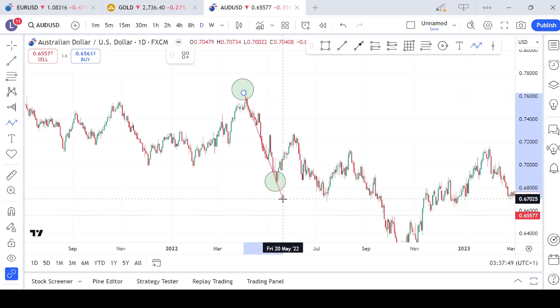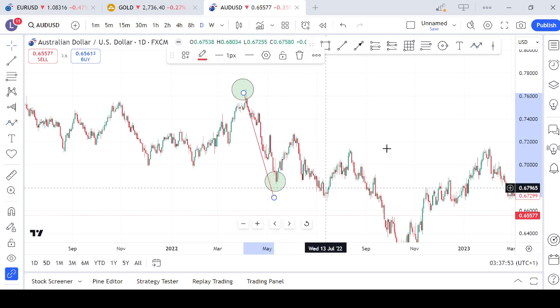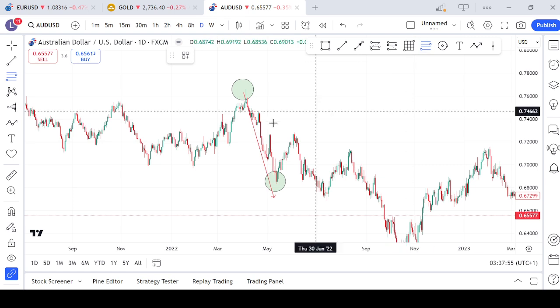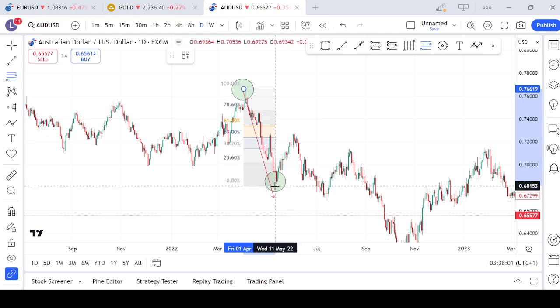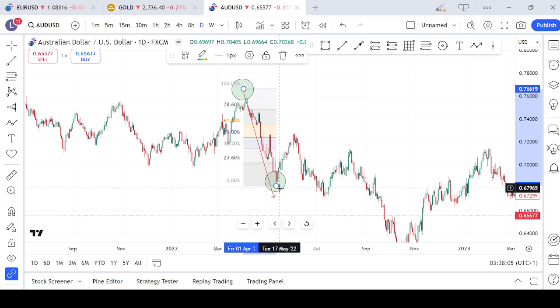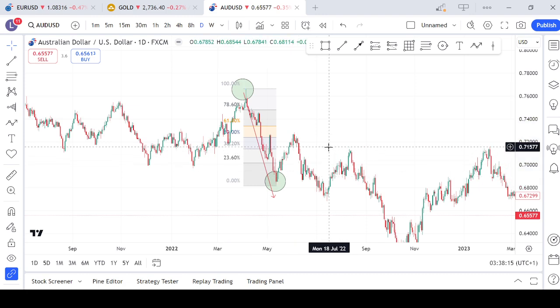The way we can measure where price might retrace to is by putting the Fibonacci retracement on our chart from the high to the low, and the tool then automatically plots horizontal lines at key Fibonacci levels between these two points. These levels act as potential zones where price might reverse or consolidate.